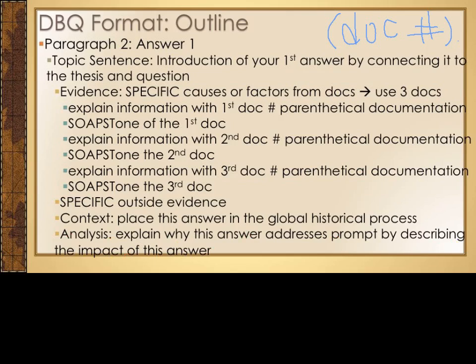Okay? Explain why this answer addresses the prompt by describing the impact of this answer. So basically, when you write a body paragraph, you have your answer, you have your evidence that supports your answer, and you've sourced that evidence.